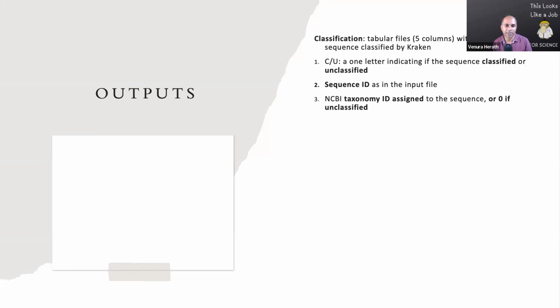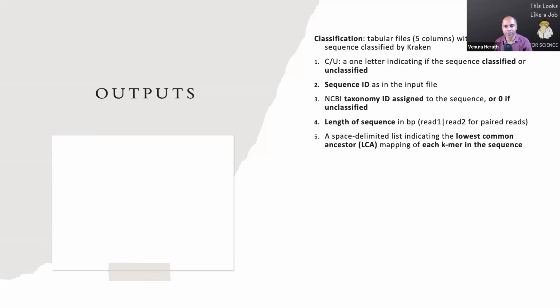The 0 means it's unclassified. Then it gives you the length of your sequence in base pairs, with a separator for read 1 and read 2. I will show you example files in a bit. Then there is space-delimited text indicating the lowest common ancestor mapping for each k-mer in the sequence.